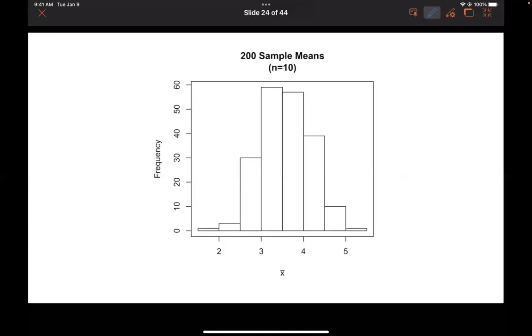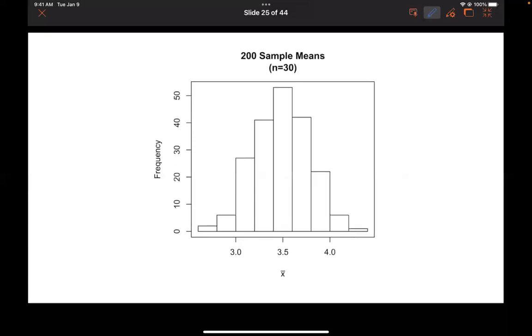Sample size 30 is almost a perfect bell shape. So as my sample sizes get larger, the sampling distribution of my non-normal population becomes normal.